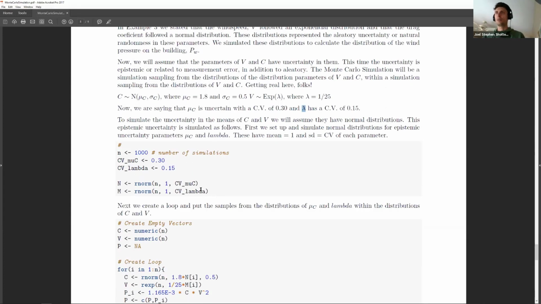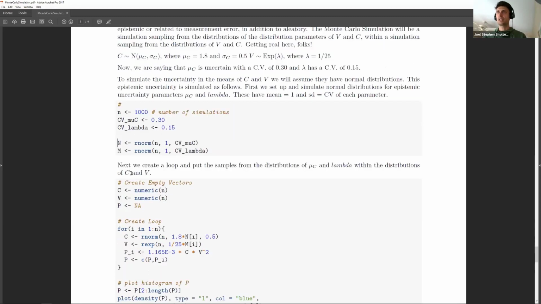Okay, so I'll break it down into a couple of steps. First, we'll simulate the distributions of the parameters mu C and lambda. I'm going to say each has a normal distribution. We'll do 1,000 simulations. The mean is 1, and the standard deviation is the coefficient of variation of mu C, and then the same for lambda.